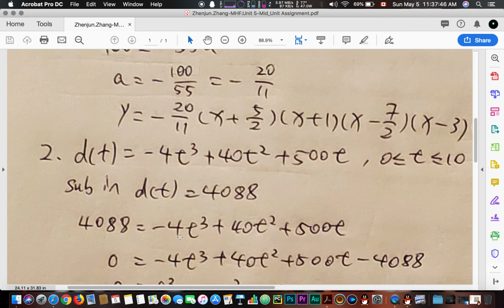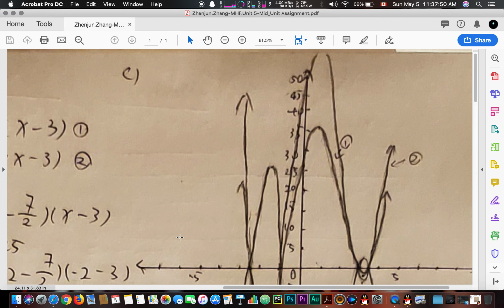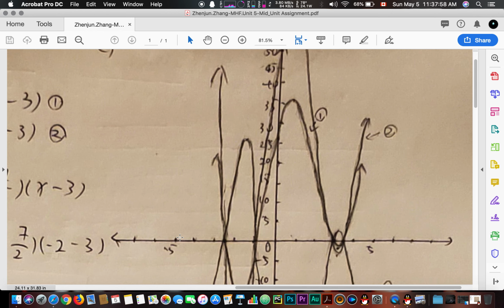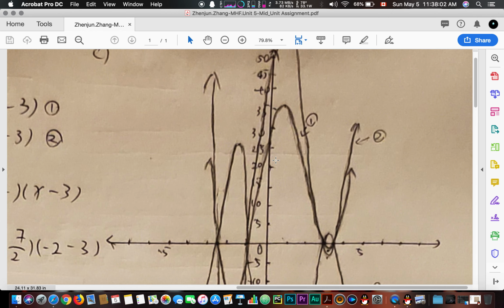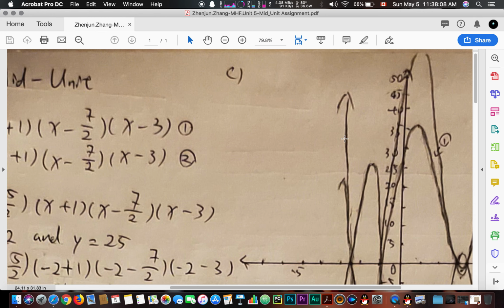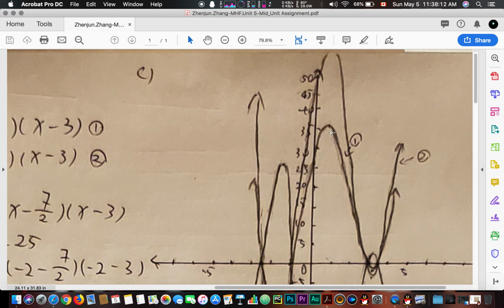And then for the part C, we need to sketch a graph of the functions in parts A and B. So for the primary function, we can see here, there we go, function 1. That goes up here. And then we have our function 2, which is with 2 times, so we stretch it out by twice.